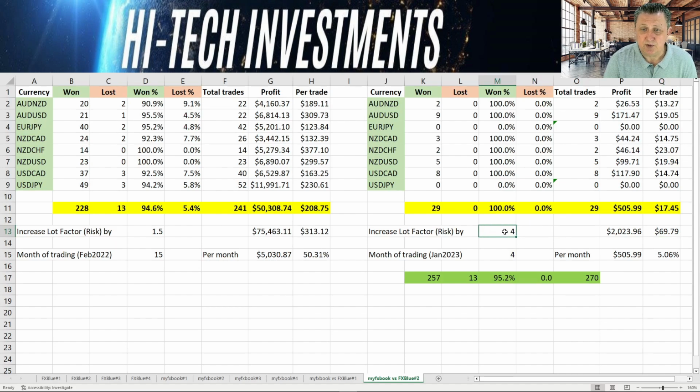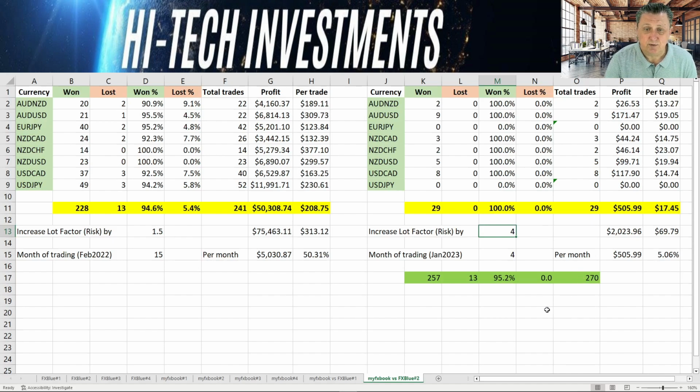Again, we can use the same lot factor, or we can go one higher if that is necessary, now that we only have 8 instead of the 18. That would mean that the results would be now $2,000 overall, or $69 per trade. And again, you divide it out, and what you have in total here would now be the monthly 505 that you get in, and also means that we will now have an average profit with the changes of 5% plus.